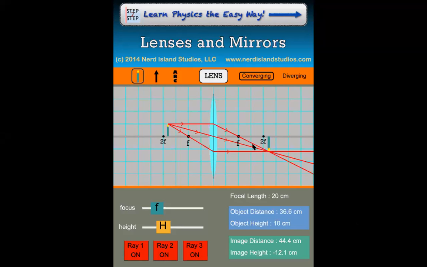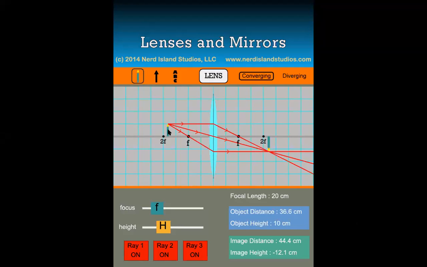Okay. So the point here again is, right, here's your converging lens, ray 1, ray 2, the third ray right through the middle, and there's your image. And like I was talking about with your eye, if we move the object, the image position changes.